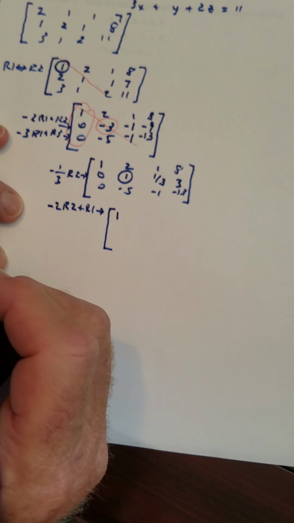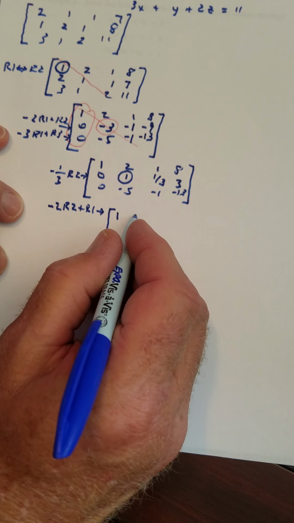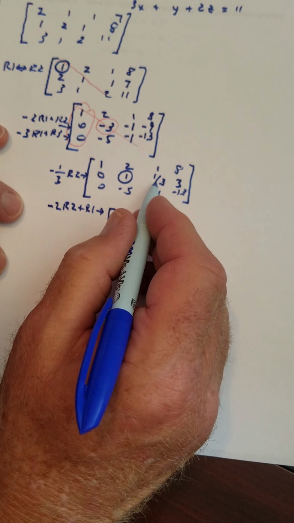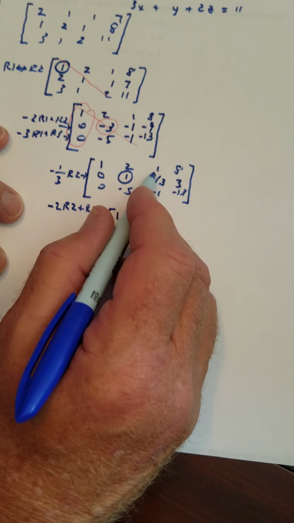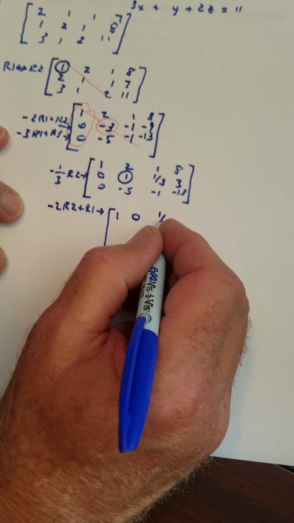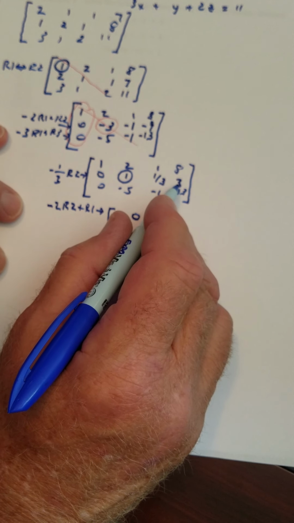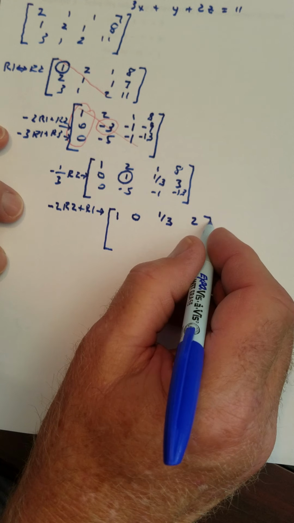I told you it'd stay the same. Negative 2 times 1 is negative 2, plus positive 2 is 0. Negative 2 times 1/3 is negative 2/3. Think of 1 as being 3/3, so 3 and negative 2 is 1, so this can be 1/3. Negative 2 times 3 is negative 6. Negative 6 plus 8 is positive 2.